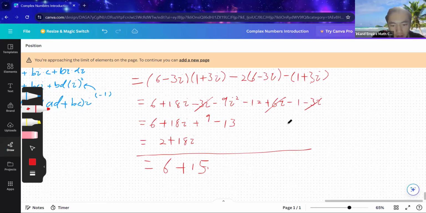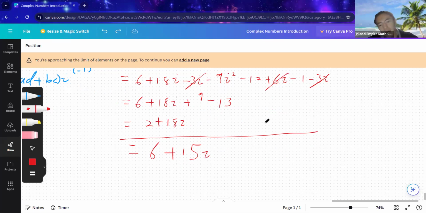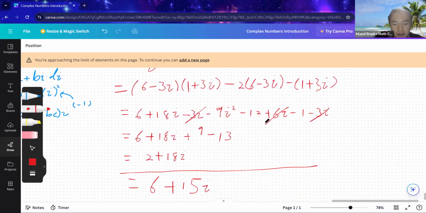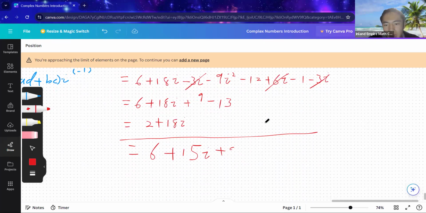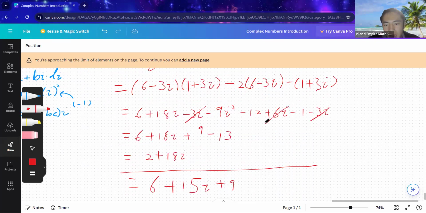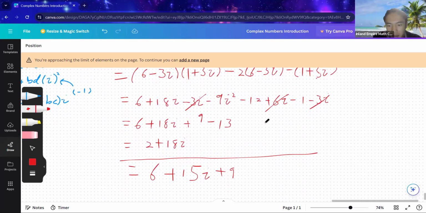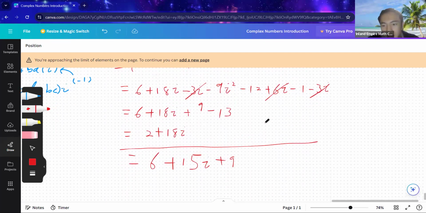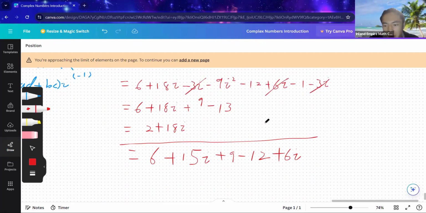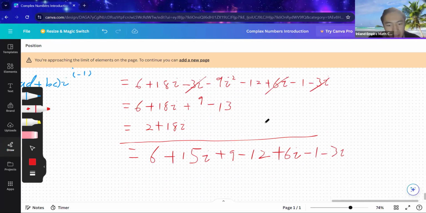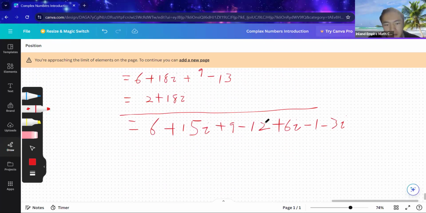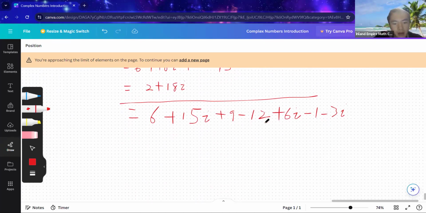Then you've got the minus 9i squared, that's just plus 9. And the minus 12 plus 6i. And finally, the minus 1 minus 3i. Then you immediately say, real part, 6 plus 9 minus 12 minus 1. That's 15 minus 13, which gives you 2. And then the imaginary part, 15 plus 6 minus 3, that gives you 18i.